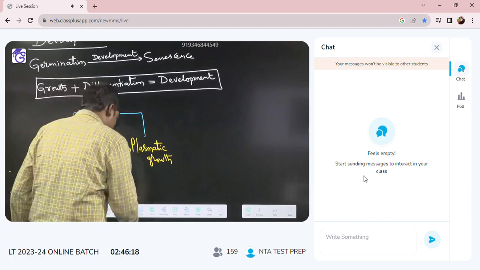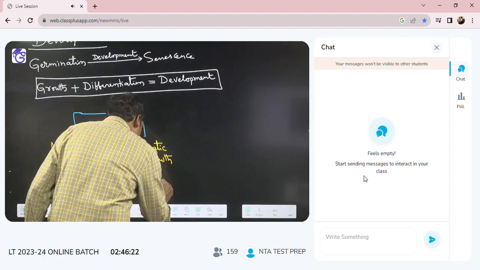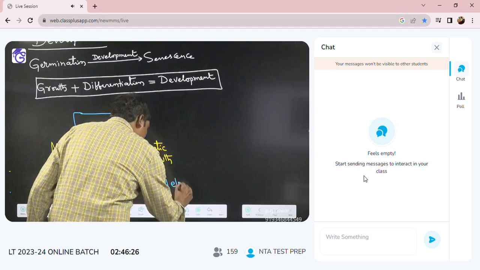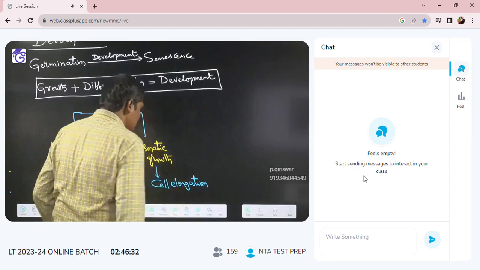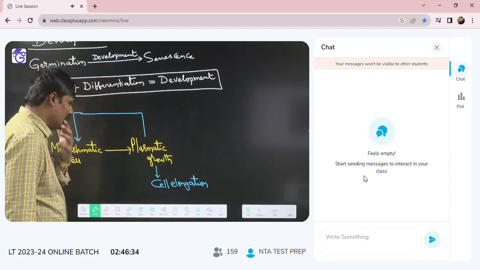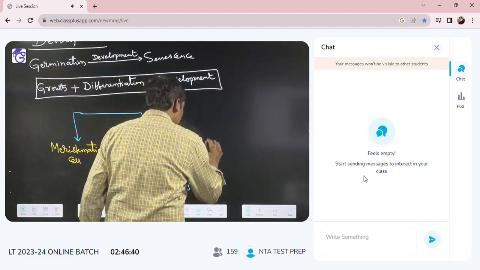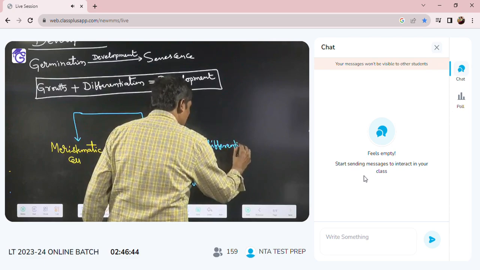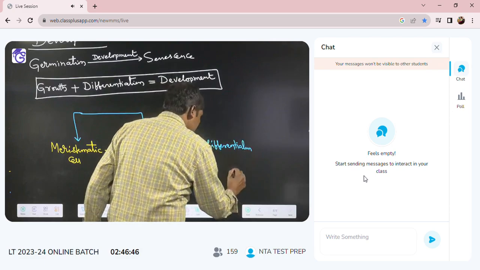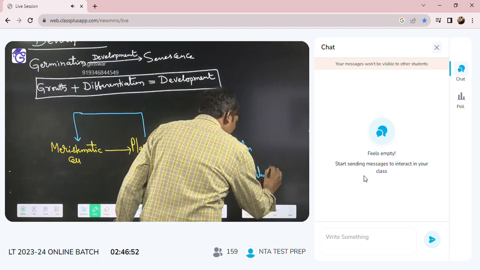Or this cell undergo elongation. Cell elongation. Then cell differentiation. Then cell maturation.